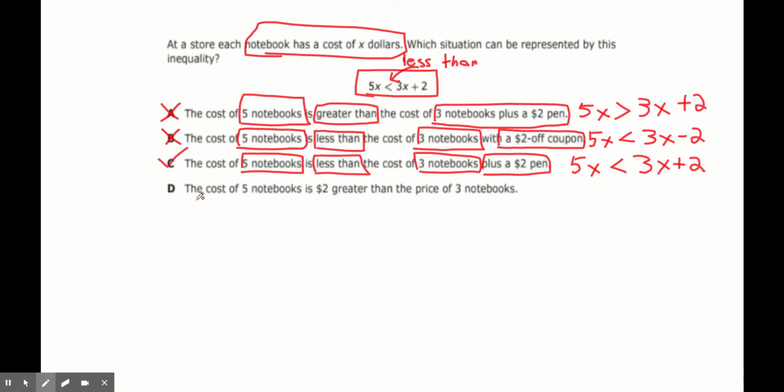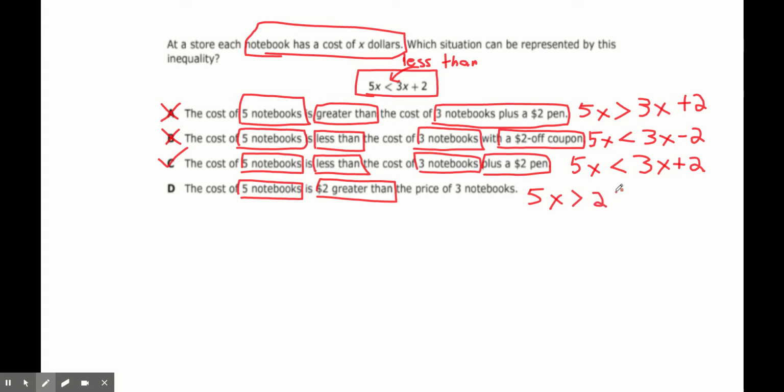Let's check D just to make sure. So D says the cost of 5 notebooks is $2 greater than the price of 3 notebooks. Okay, so let's work from left to right. So the cost of 5 notebooks, so 5 times X, is $2 greater than the price of 3 notebooks.